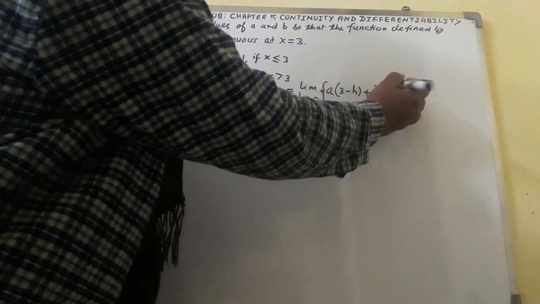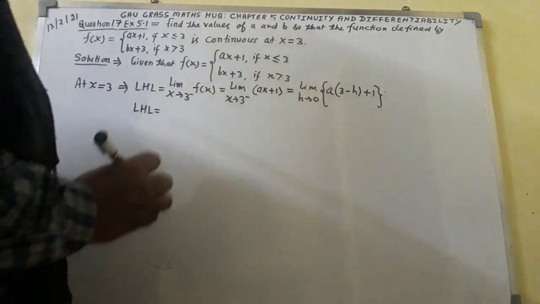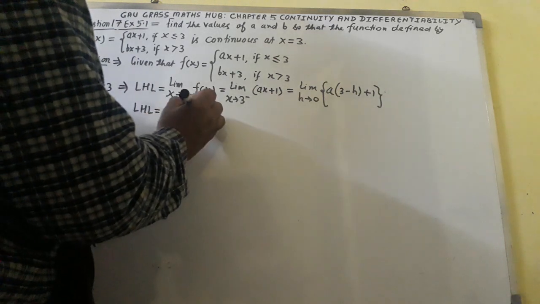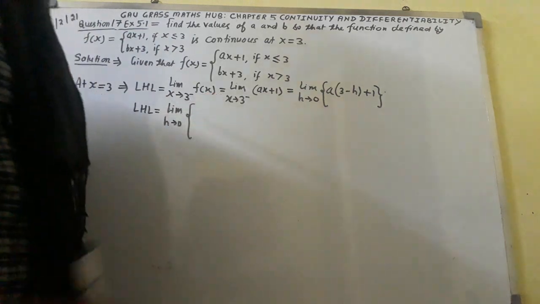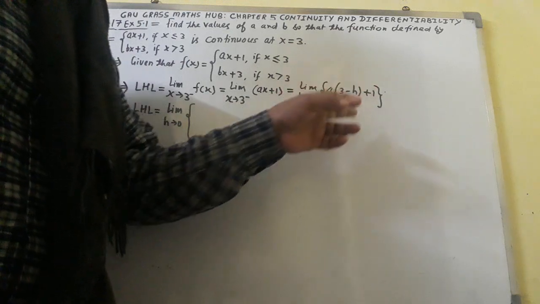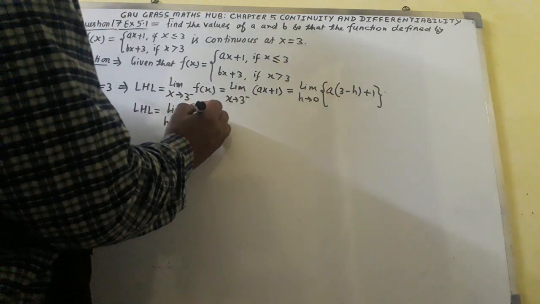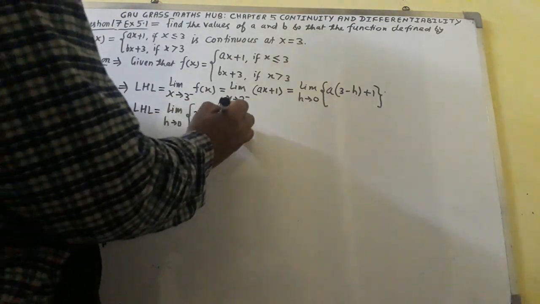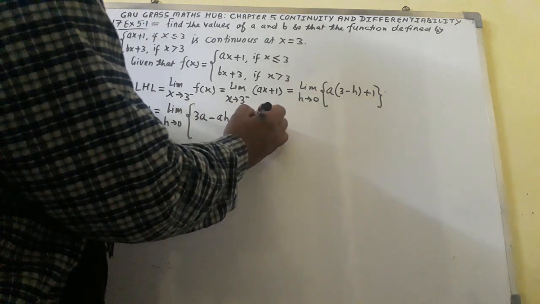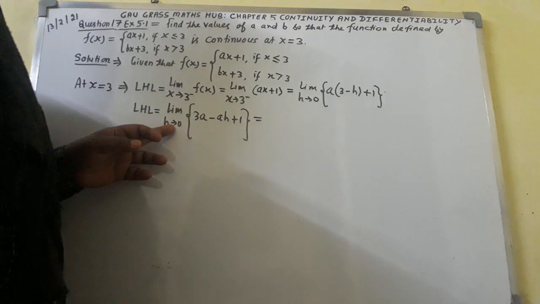Here I shall write left hand limit equal to lim h tends to 0 of, in curly bracket, the bracket will be opened when a enters inside. It becomes 3a minus ah plus 1. Here lim h tends to 0 will be removed.